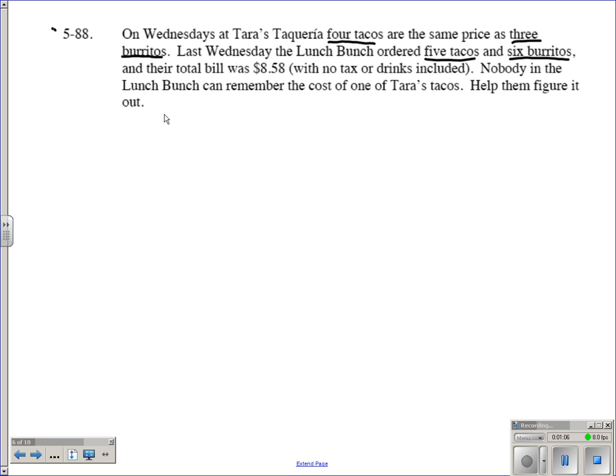First things first, let's define a variable. Let T represent the cost of a single taco. And let B represent the cost of a single burrito.